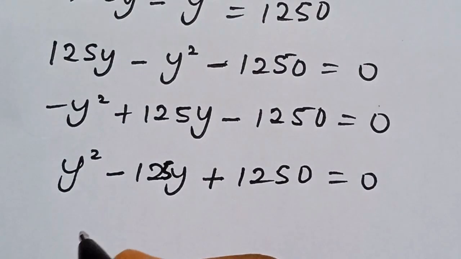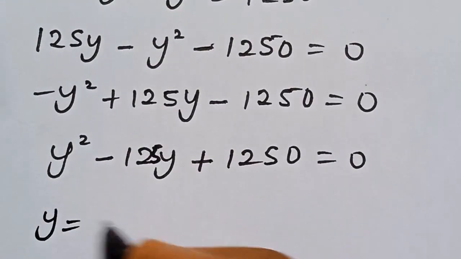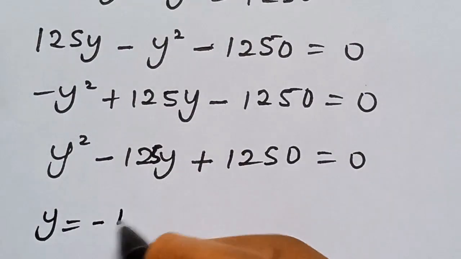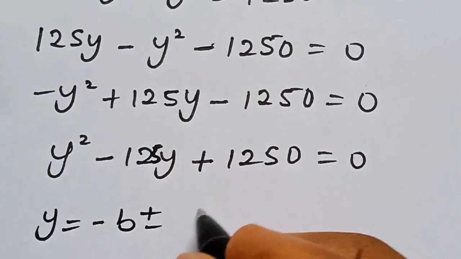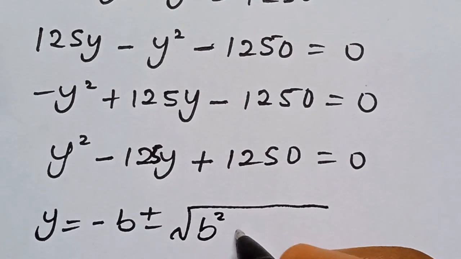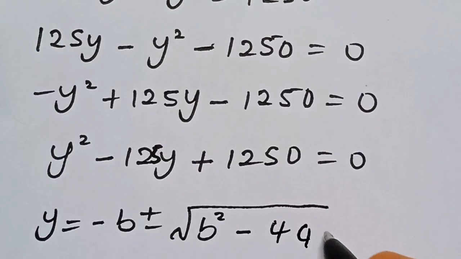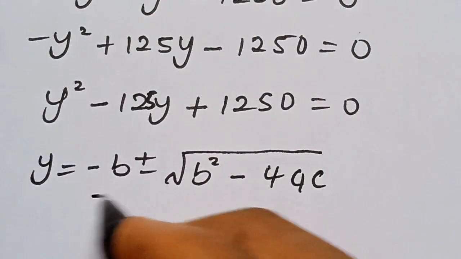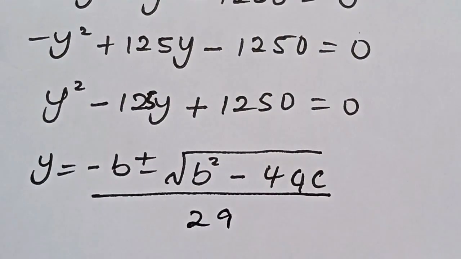From the quadratic formula, we have y equals minus b plus or minus the square root of b raised to power 2 minus 4ac, all over 2a. So from here, our a equals 1.